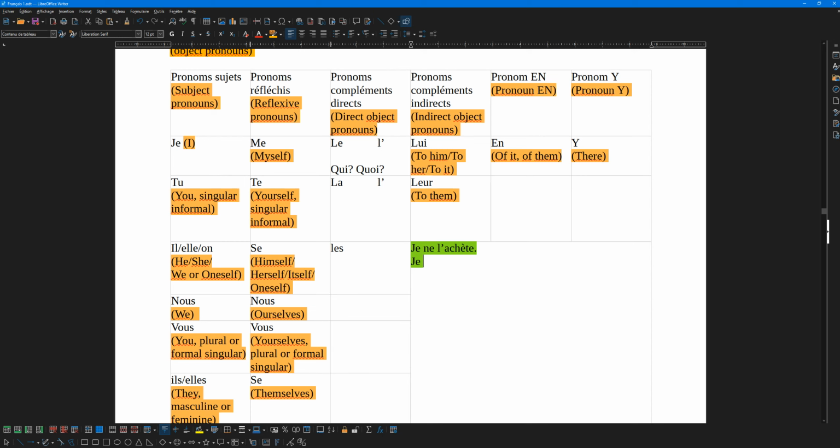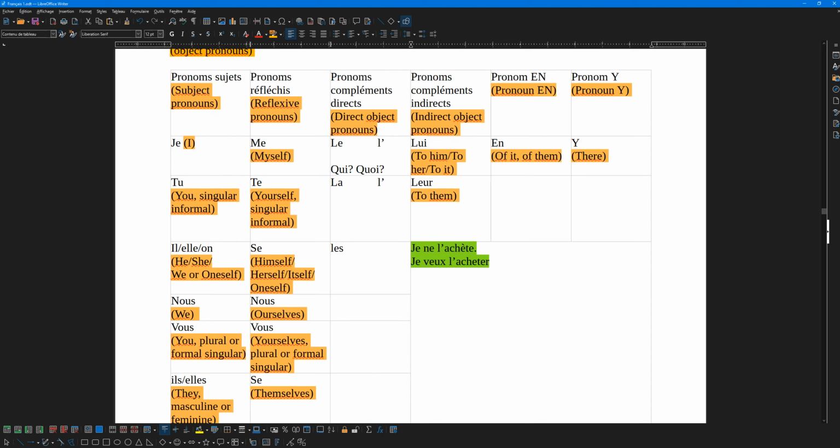With the near future, je vais. You can change it with other verbs that will do the modification, like I must, je dois, or I want, je veux. And after that, you put the pronom complément in front of the verb. Je veux l'acheter.